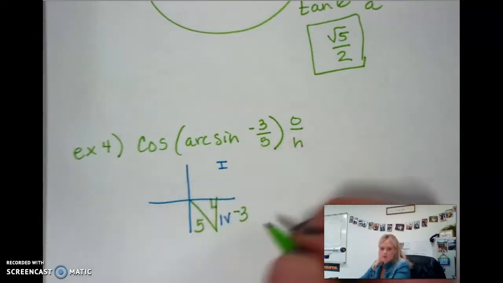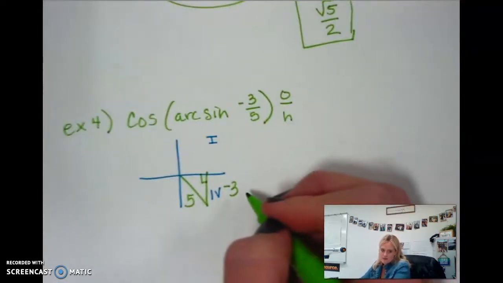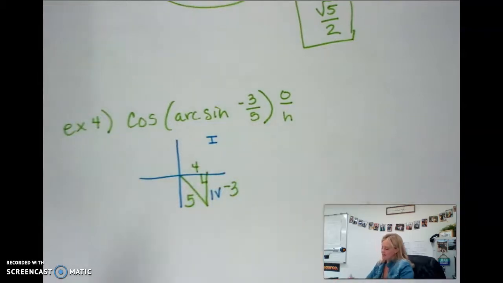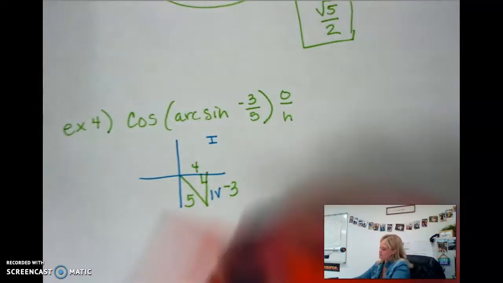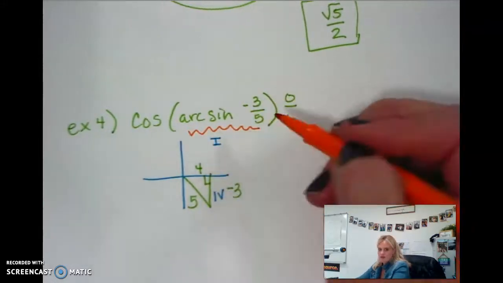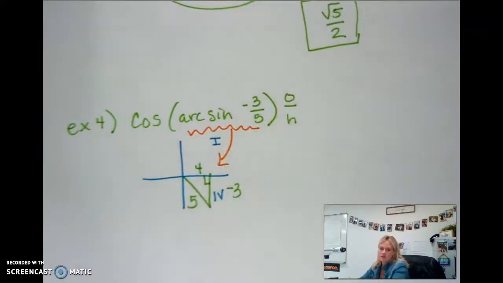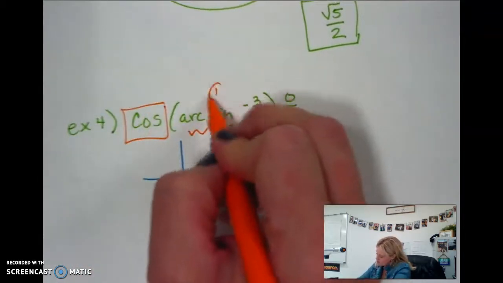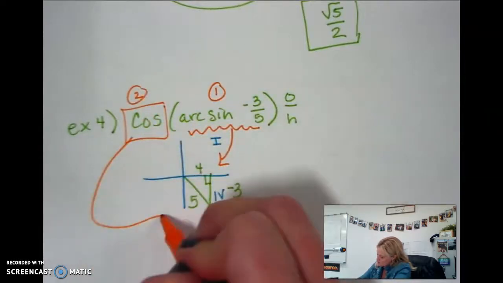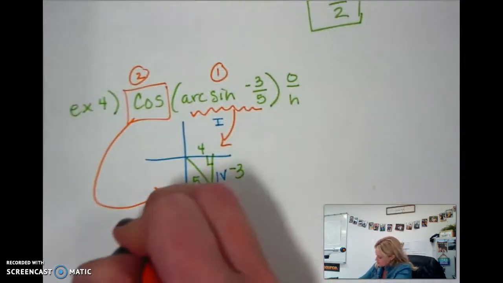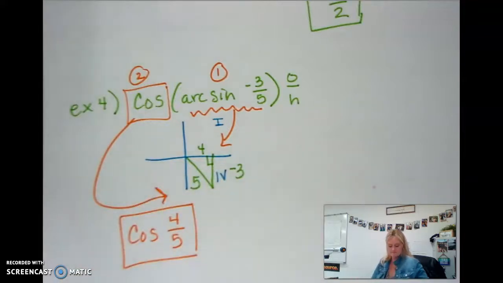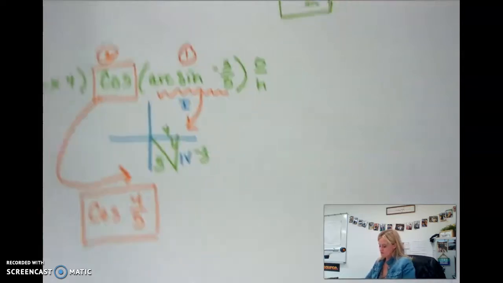A squared plus b squared equals c squared, or hopefully by now you have this one memorized, a 3, 4, 5 triangle. I have used the inside part of this and what I know about inverse sine to create my triangle, and now I can answer the question based off of the triangle. So this is step 1. Step 2 is find the cosine of this triangle, and cosine is adjacent over hypotenuse. Okay. All right, you try one on your own.